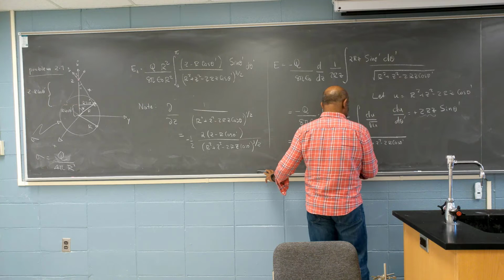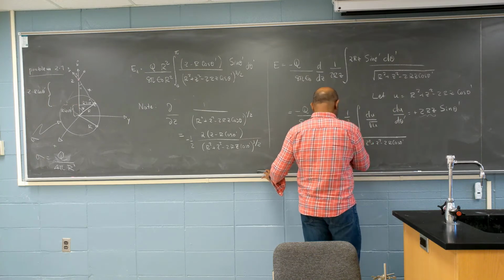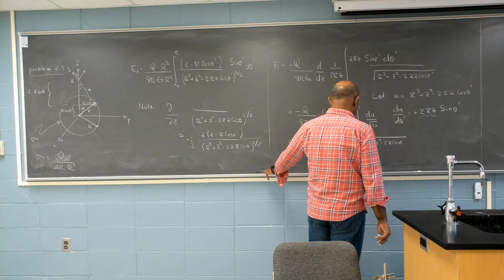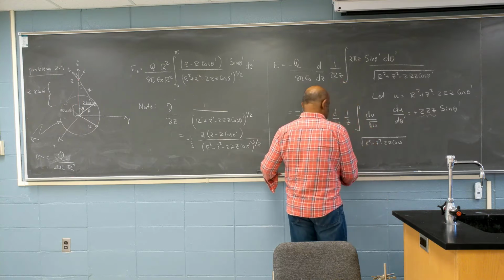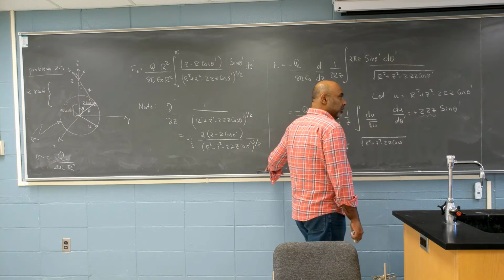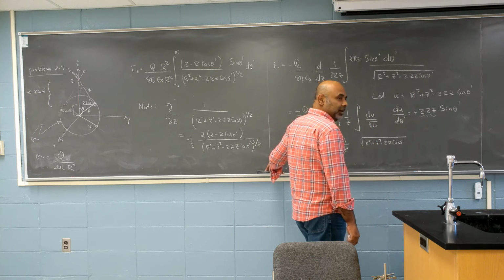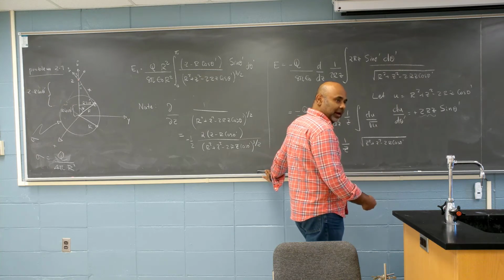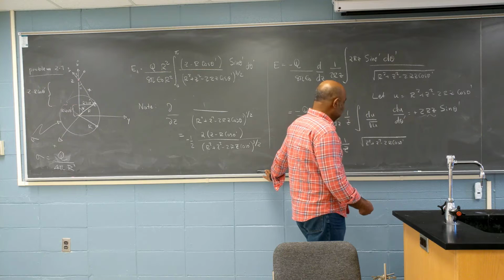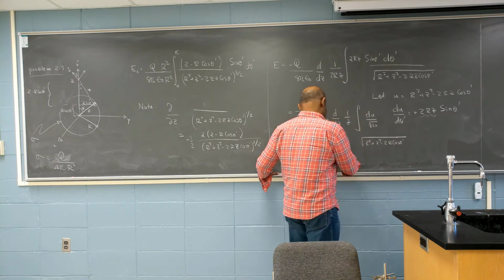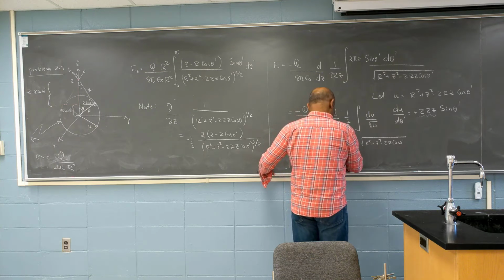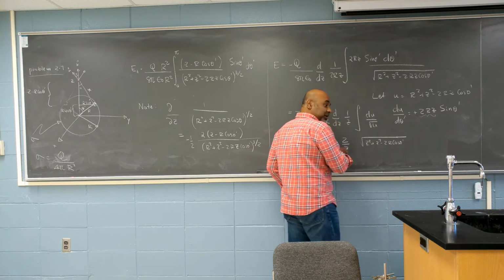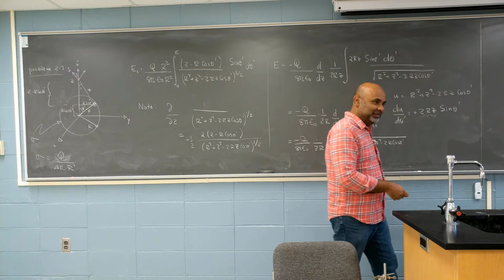Or is it 2? u to the minus 1/2 becomes plus 1/2 divided by 1/2, and then you get 2 upstairs. Maybe that's it. Please check, because otherwise we'll have to track the mistake down.